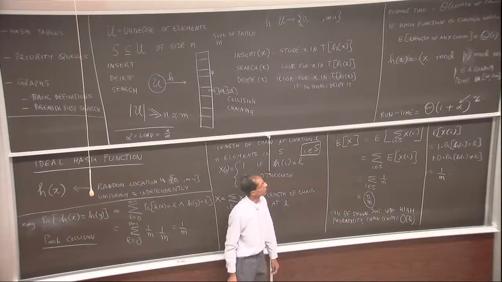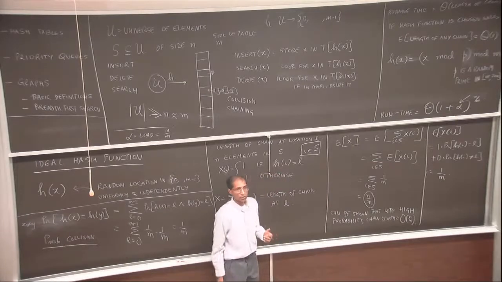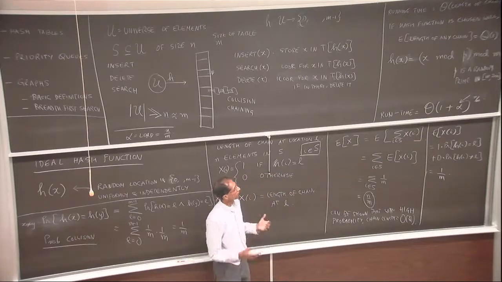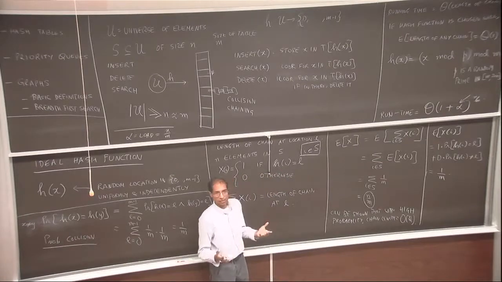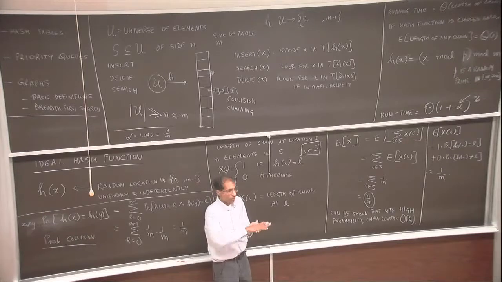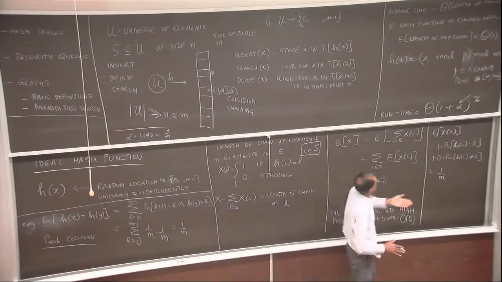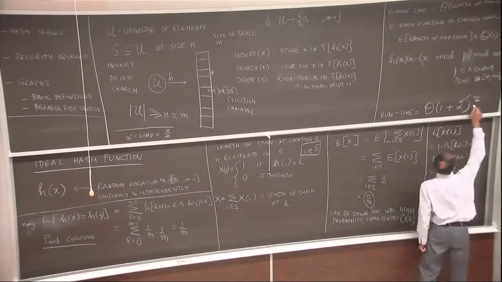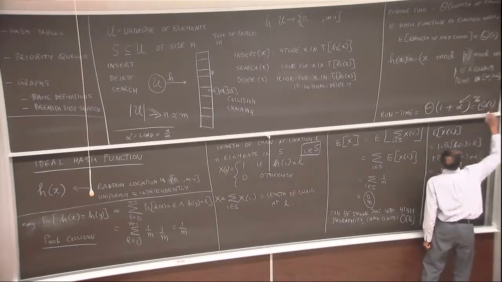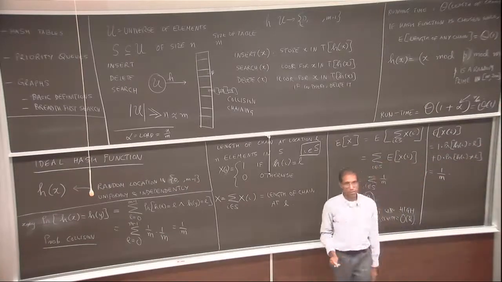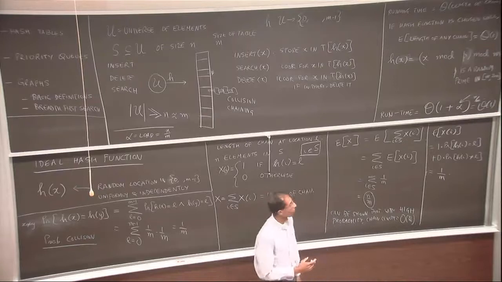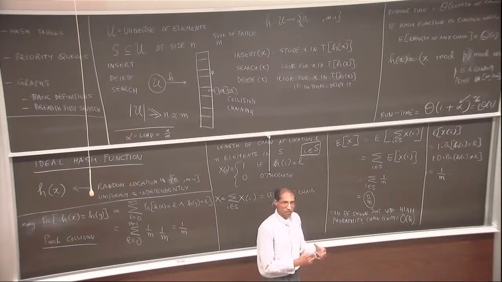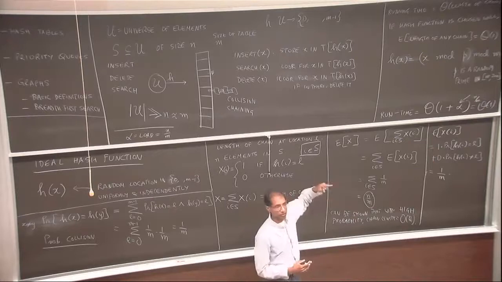So if you set your m to be something like 2 times n, so if m is of the order of n, then we obtain that this is nothing but a constant, equals theta(1), for our choice of m. If you choose your m to be much smaller than n, this will increase the runtime.